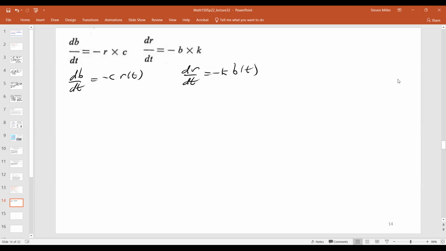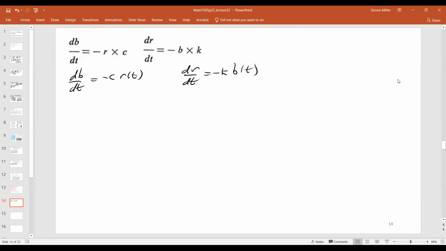Now I have two different things, blue and red. I have the derivative of blue related to red, and the derivative of red related to blue. I would love to get rid of the r(t) in my first equation, but I don't know what r(t) is. What do I know? I know dr/dt. So what could I do to the first equation so I could then use my knowledge about dr/dt?